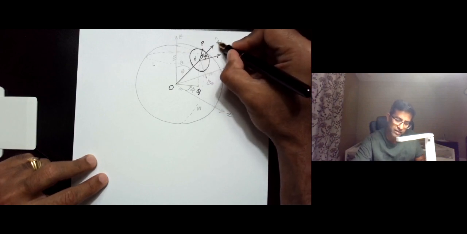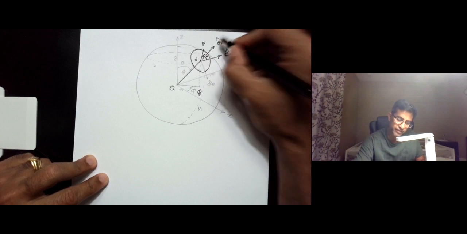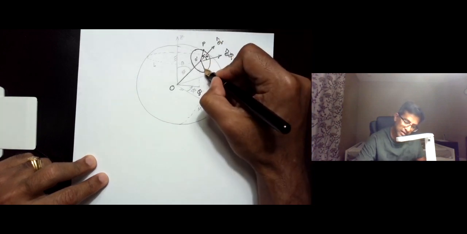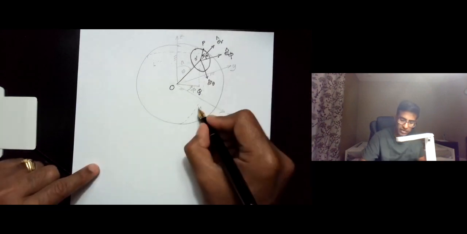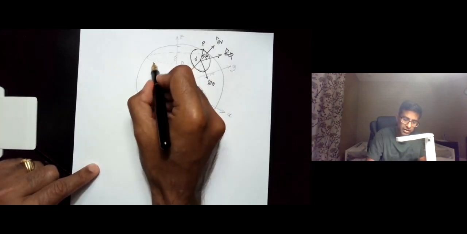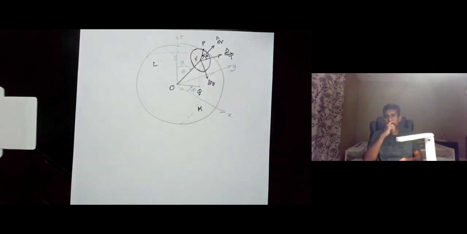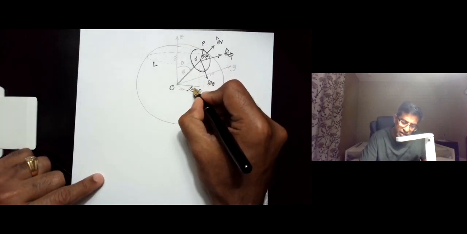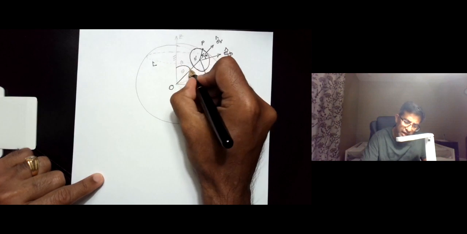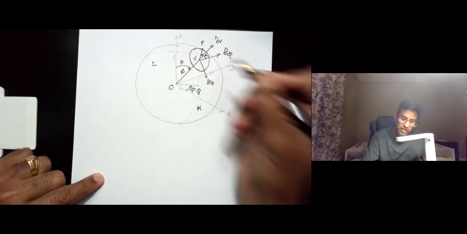ER is radial, and E theta is tangential to the meridian. So here is the meridian and here is the latitude. Let me also show the angle phi, the angle theta, and the radius R.